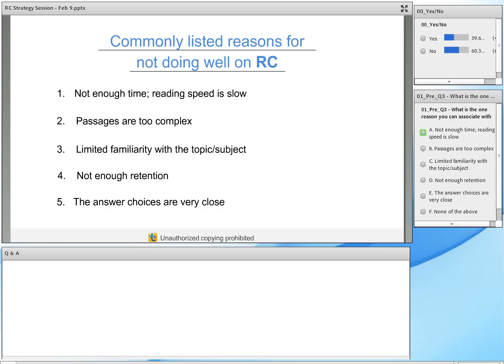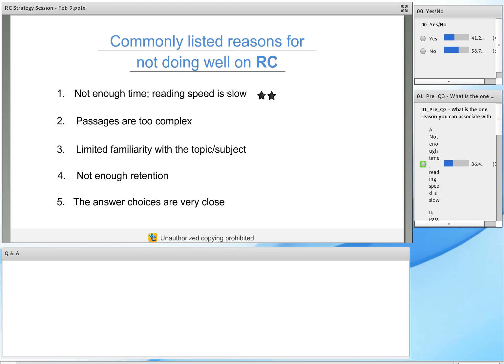All right, let's get a few more responses here. All right, I'm going to broadcast the results now. So it appears that the choice selected by the maximum number of you is choice A, not enough time, reading speed is slow.